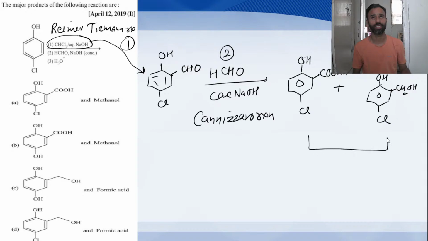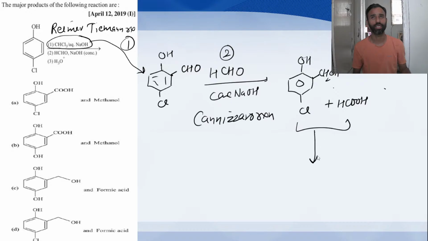One is oxidized, the other is reduced. Obviously, the more hindered one is reduced and the less hindered one is oxidized. So we get formic acid and benzyl alcohol.